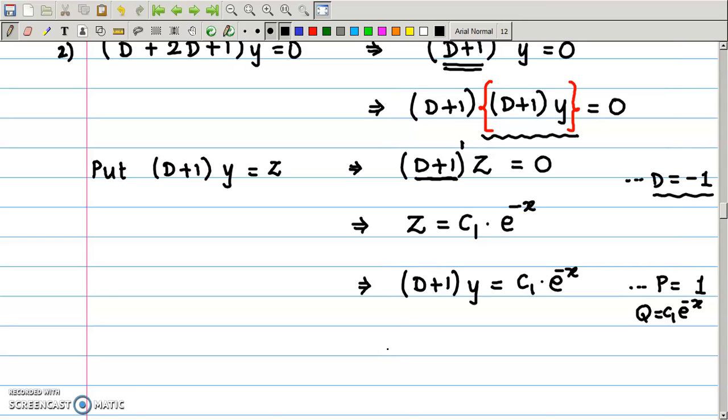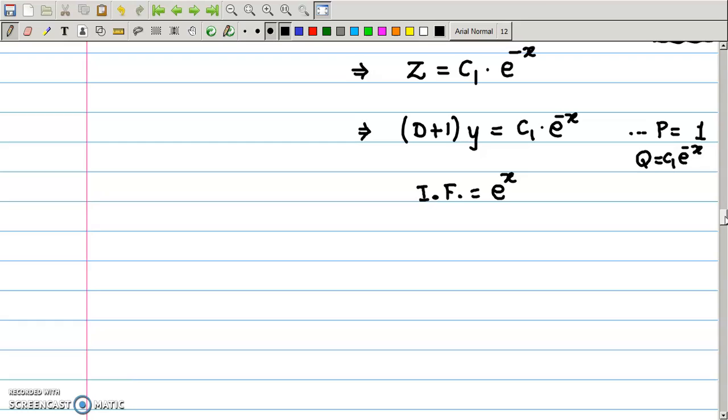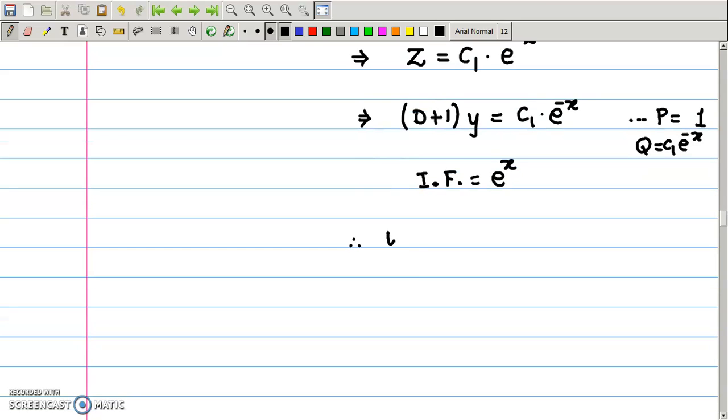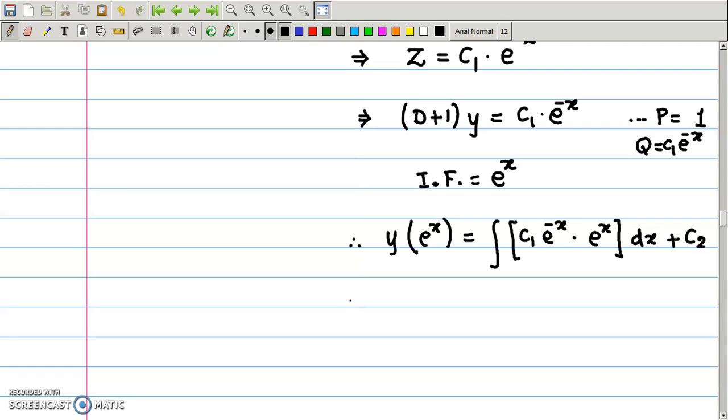Calculating the integrating factor again, the required integrating factor is e raised to x, and the general solution will be y into e raised to x equal to the integration of q, that is c1 e raised to minus x, into the integrating factor with respect to x plus c2, where c2 is the constant of integration.